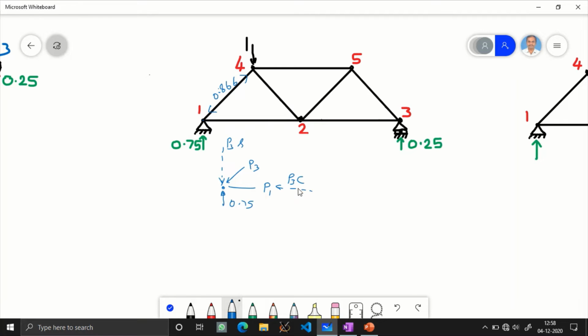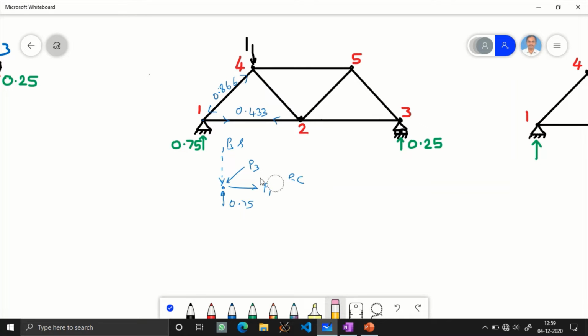So this is acting towards the left, so P1 must be acting towards the right for equilibrium. So P1 is acting away from the joint, and the value of P1 is 0.866 cos 60 degrees, which is 0.433.